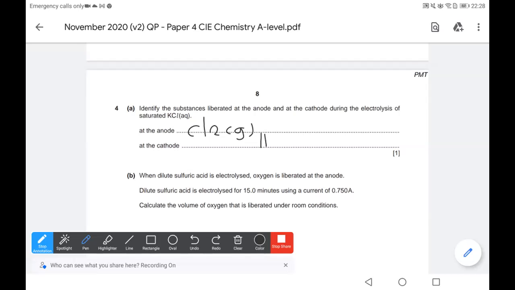Water takes electrons and forms OH- and hydrogen.